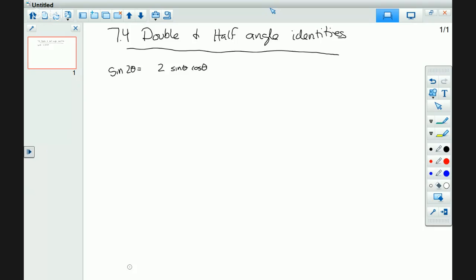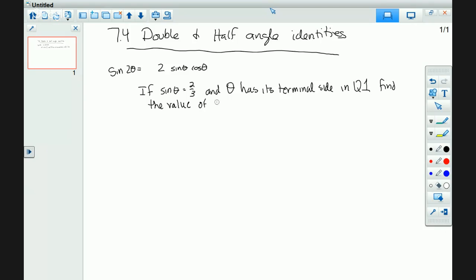So if sine theta is 2/3, and theta has its terminal side in quadrant 1, find the value of sine 2 theta.